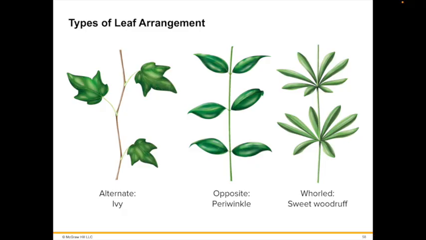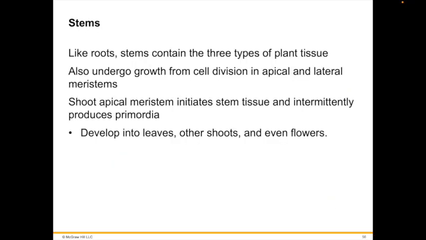The shoot apical meristem produces stem tissue and intermittently produces primordia that are capable of developing into leaves, other shoots, or even flowers.